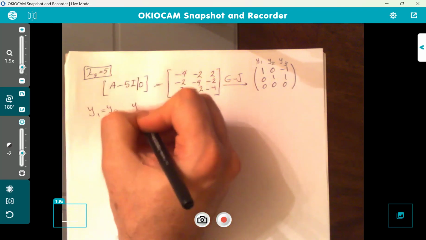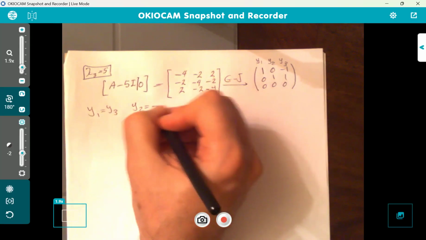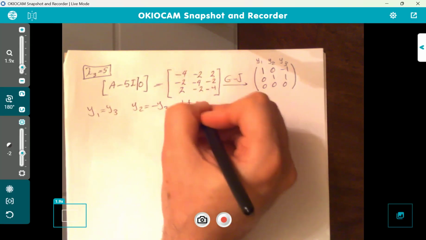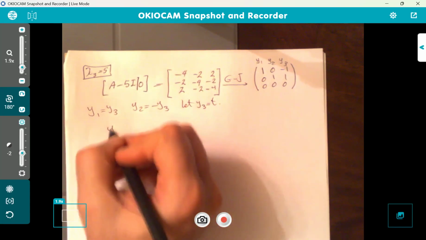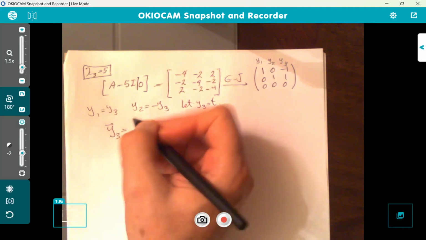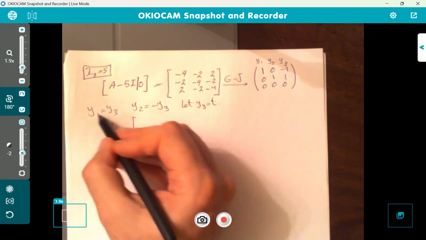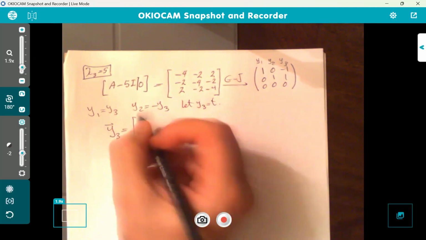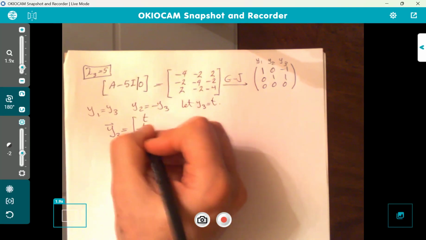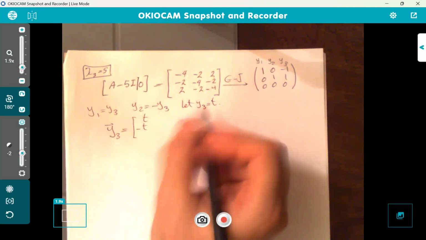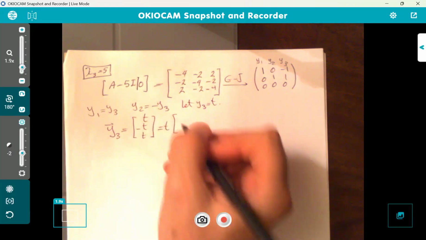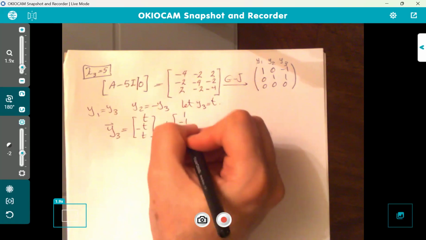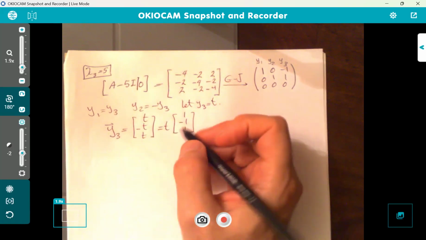So y2 is equal to negative y3, and let y3 be the free variable t. Therefore, the other solution here is y1, which is y3, means t. Negative y3, that's y2, that means negative t, and t. Factor out the t, and then we have this column vector 1, negative 1, 1, right?